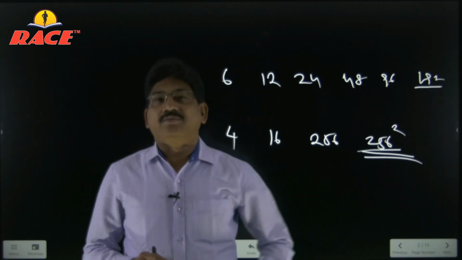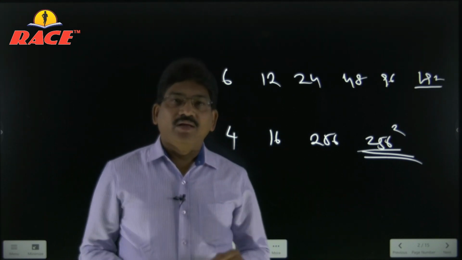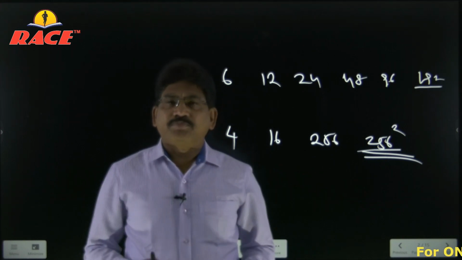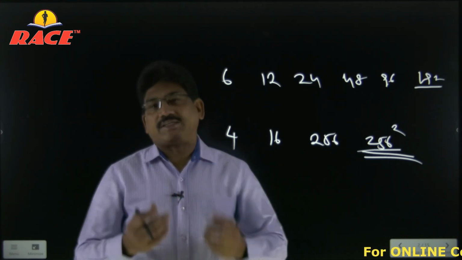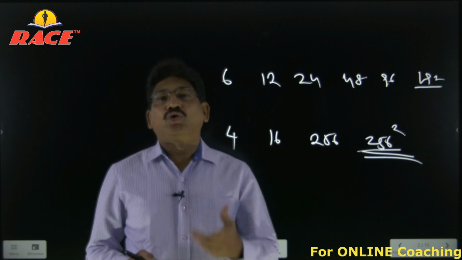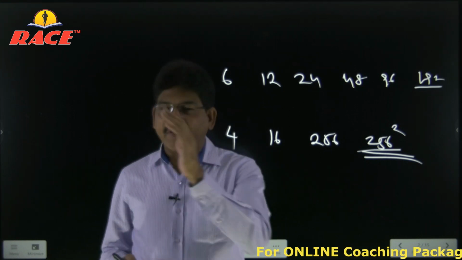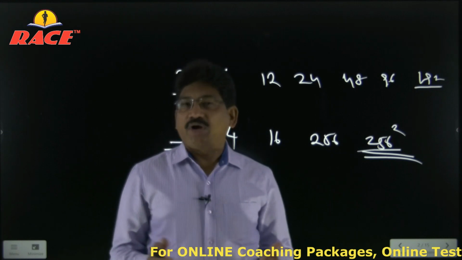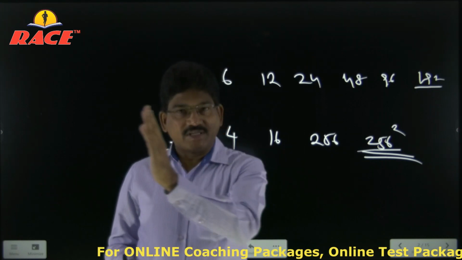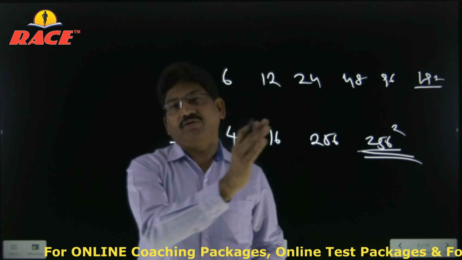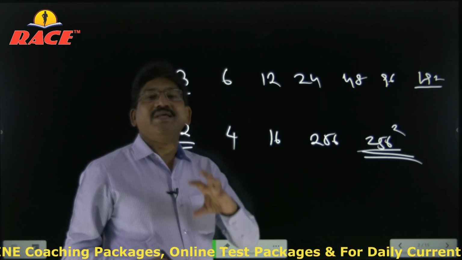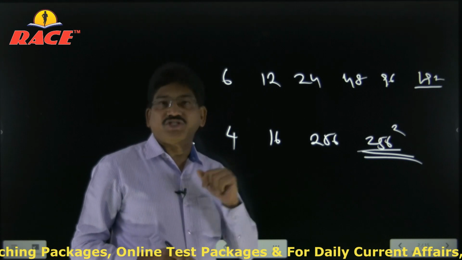Students may find division a bit difficult compared to multiplication, so don't worry. From left to right, if it is division, then coming from right to left it becomes multiplication. Quite natural. That will be easy for you. So this is important.